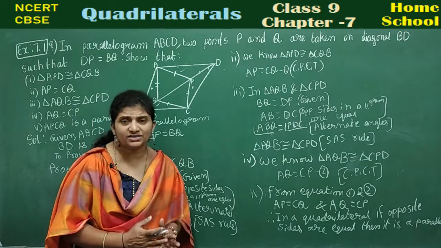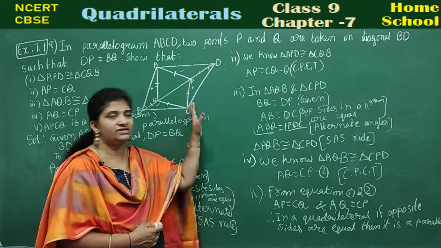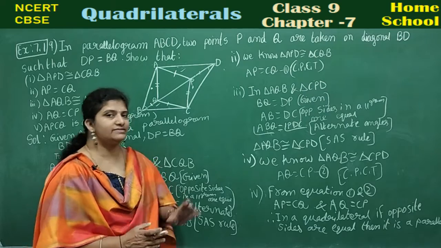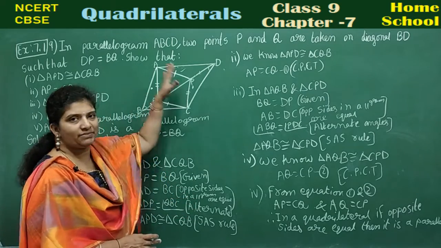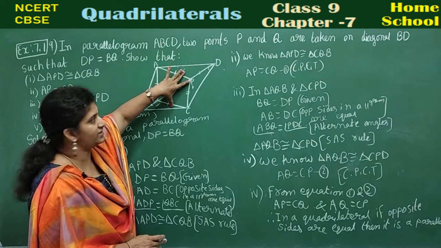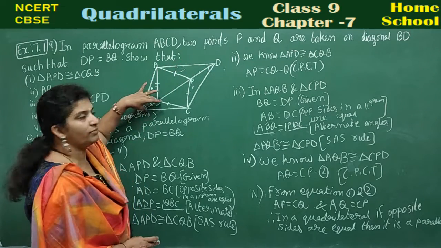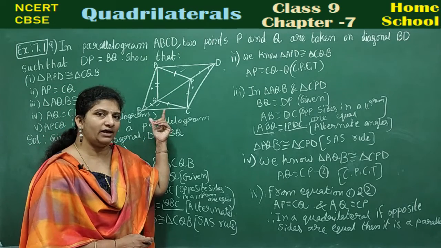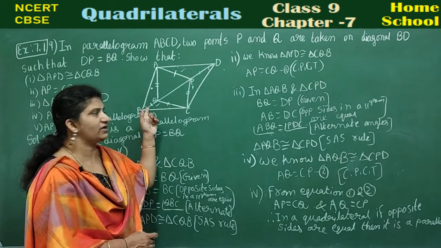So they have asked five sub-questions in this figure. We tried to prove all the questions. Once again, understand carefully. Given ABCD is a parallelogram, prove these two triangles congruent. DP equal to BQ is given, AD equal to BC because opposite sides in a parallelogram are equal, and alternate angles are equal.